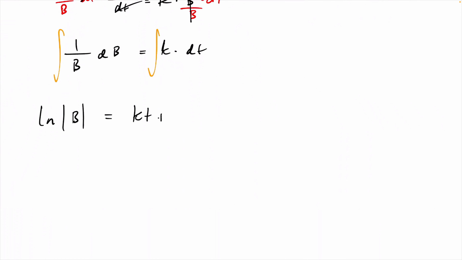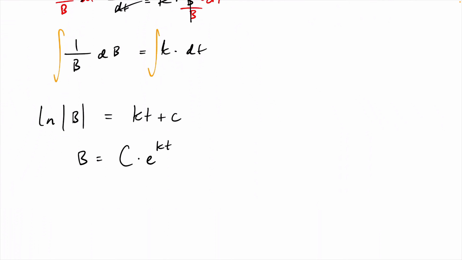KT, keep going, plus C, good. And what are we going to end up with afterwards? B equals capital C times e to the KT.